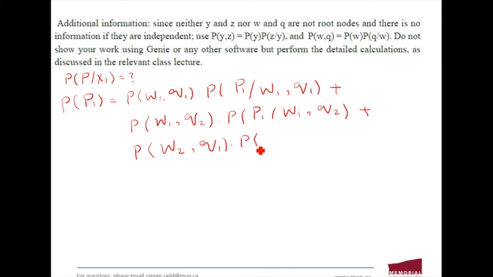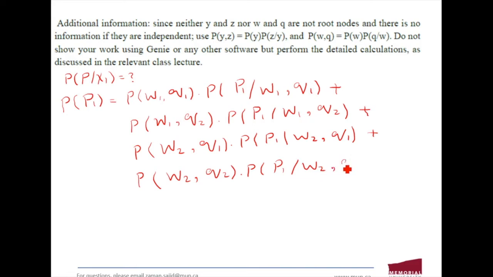This should be multiplied by the probability of P1 given W2 and Q1, and plus the last combination could be the probability of W2, Q2, and the probability of P1 given W2 and Q2.